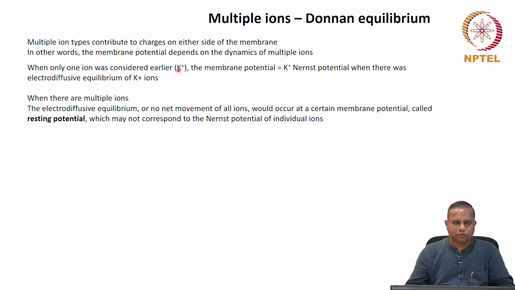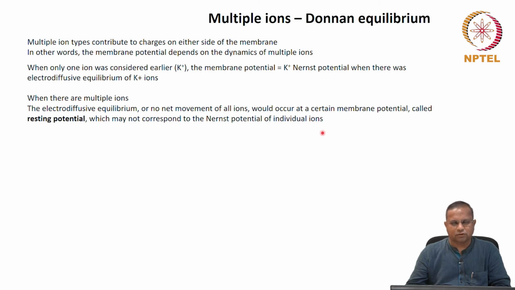Okay. So, all put together, it's essentially charge movement that we are looking at. So, the electrodiffusive equilibrium, or no net movement of all ions, would occur at a certain membrane potential called the resting potential, which may not correspond to the Nernst potential of individual ions.